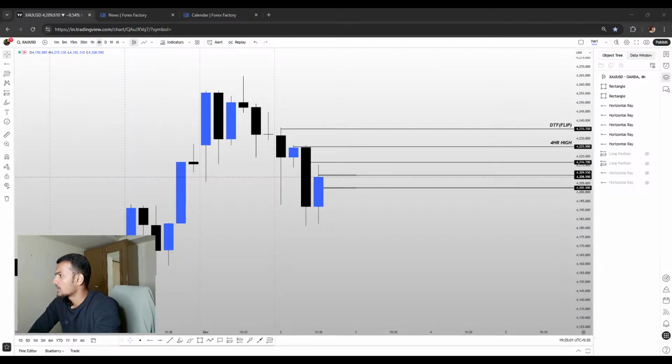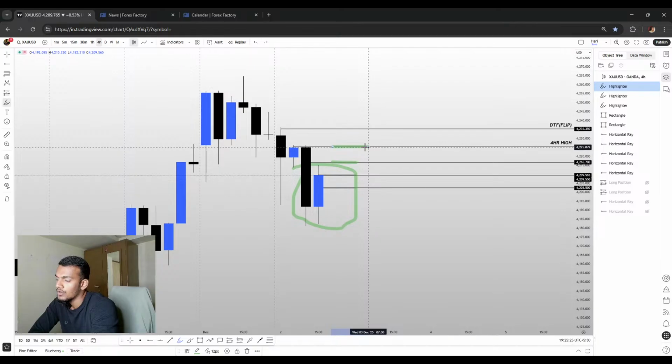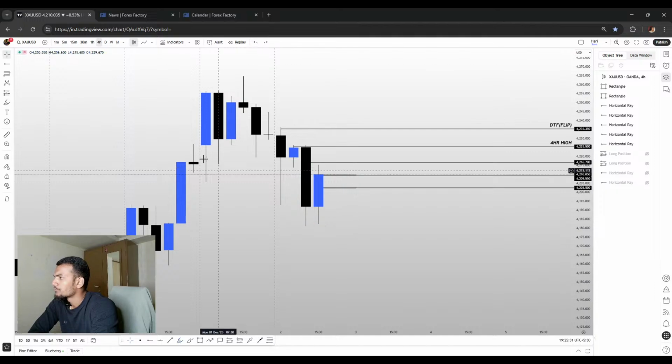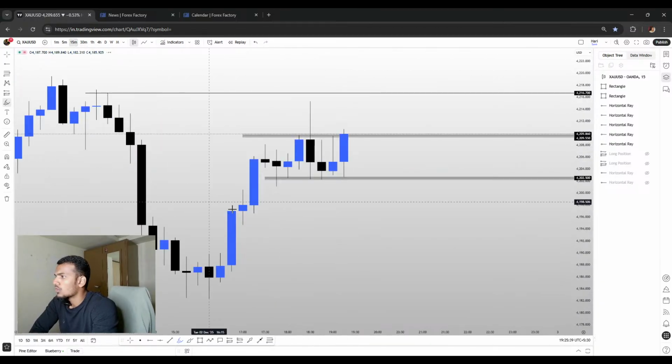Let us hope that we will have a direction. We already have a direction over here. If the 4 hours is going to close in like this, I'm going to be looking for trades leading up to this region and then this region over here. And if it's going to be bearish over here, we're just going to look accordingly.